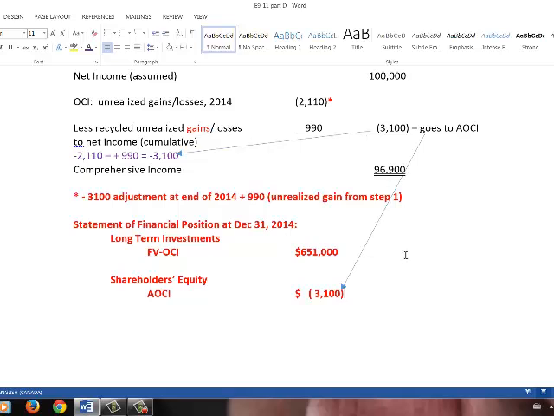So that would give me shareholders' equity AOCI a negative balance of 3,100. How do I get that? Because I have my negative 2110 minus my 990. So this is the total amount by which OCI changed during the year: what I put in it during the year plus what I recycled into net income. So that means it's negative 3,100, and that's going to go into AOCI.